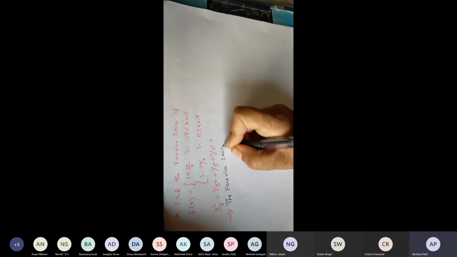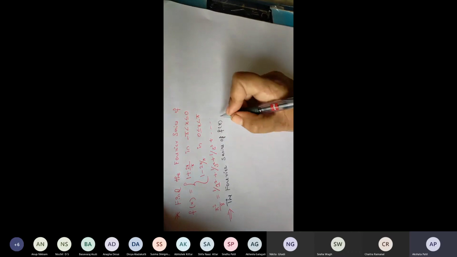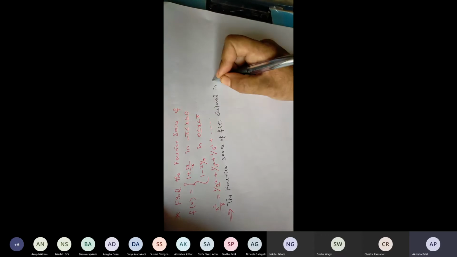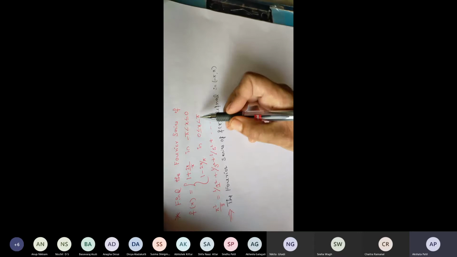So the Fourier series of f of x defined in the interval minus pi to pi. Is it right? Here they have given minus pi to pi.